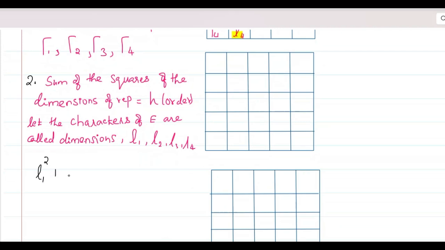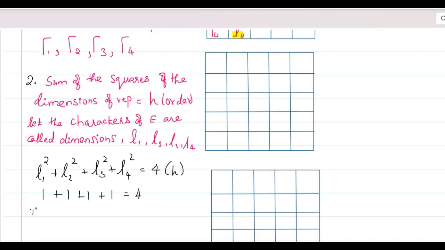L1 square plus L2 square plus L3 square plus L4 square is equal to the order of the group. Here the order should be 4, so that is the h value. So this is satisfied only by 4 one-dimensional representations. So 1 square plus 1 square plus 1 square plus 1 square will be equal to what? 4.